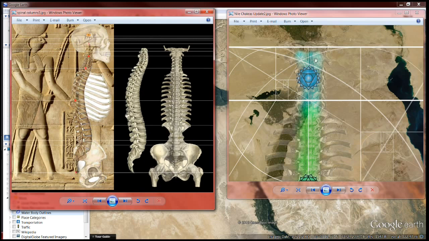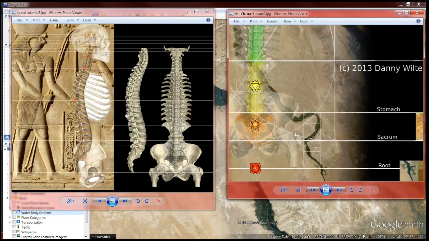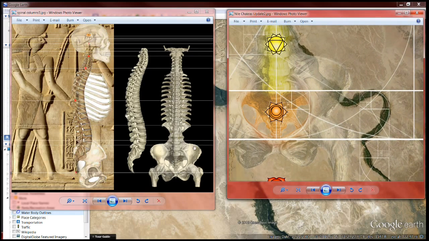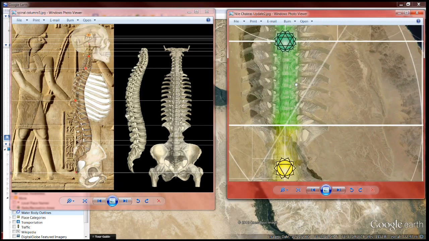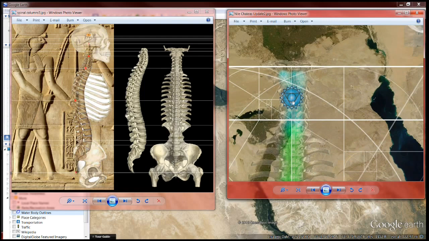So down here at the sacrum area, you get the view of an anterior posterior, but when you get to the top here, following the rib cage and going into the throat, at this point you see it as a profile view.